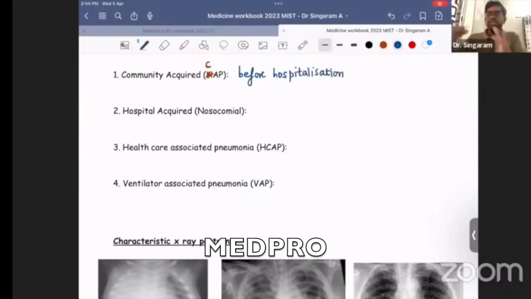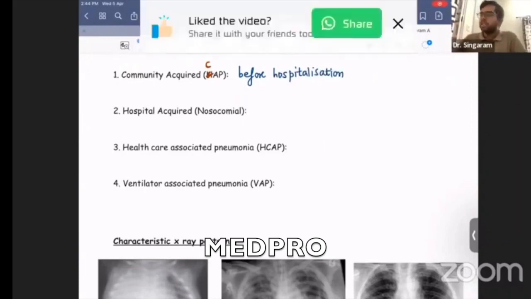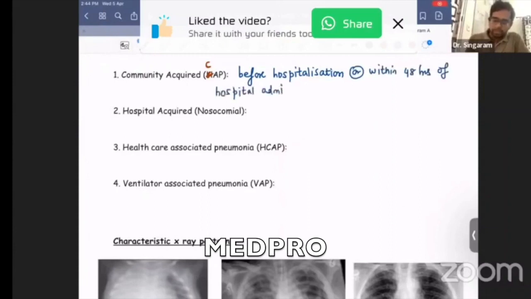That means from outside the hospital, maybe the place where he is staying or working, he has acquired the infection. Or within 48 hours of hospital admission, then also we can call it community acquired pneumonia. I will tell you the importance of this 48 hours later on, but just remember: before coming to the hospital he has pneumonia, or within 48 hours of hospitalization he has pneumonia, then it is called community acquired pneumonia.